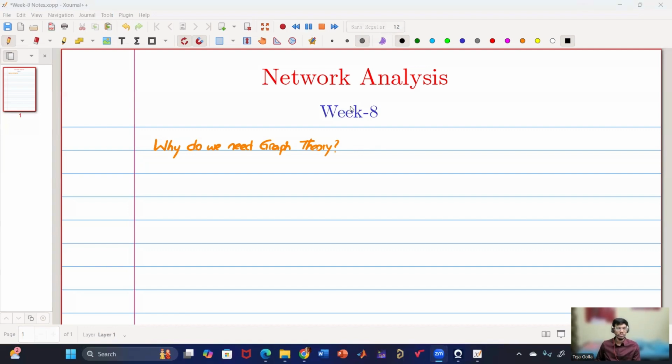So how to write it in a systematic way, so that it is easy for us too, and once we get it in a proper format, we can feed it to the computer? For that purpose, we need graph theory. It is like a systematic procedure to put the circuit in a nice way so that it can be solved using any mathematical toolbox or a computer. That's why we need graph theory.